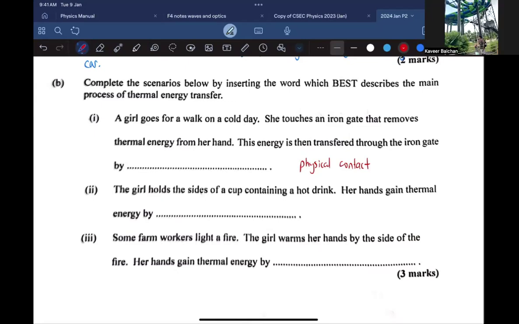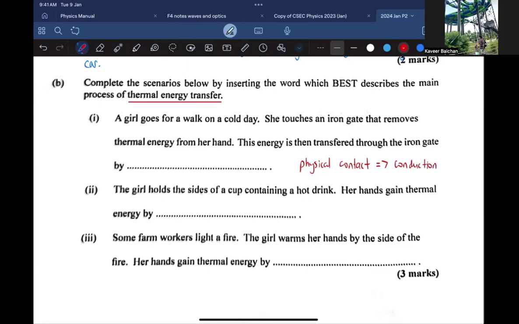It gets hot. True what? It conducts heat. It starts with C. We're talking about conduct heat. Exactly. Conduction. That is what I wanted to hear. So anytime you see physical contact, it's conduction we're dealing with.